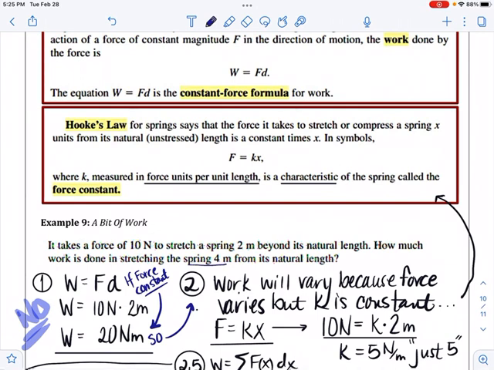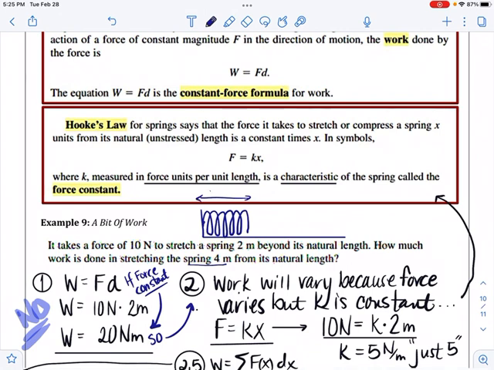So if you have a spring, let me see if I can draw it a little neater. If I have a spring that's attached here, looking like this, this distance would be its natural length.